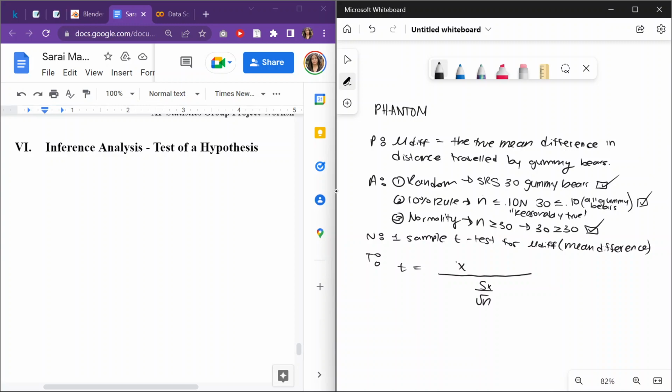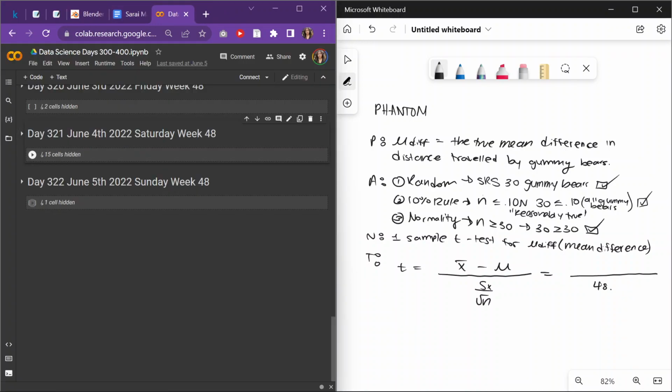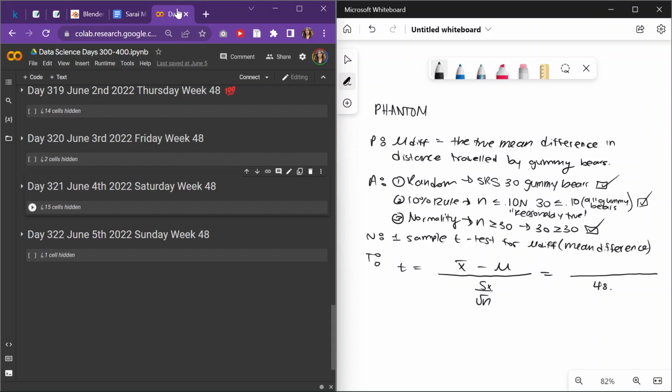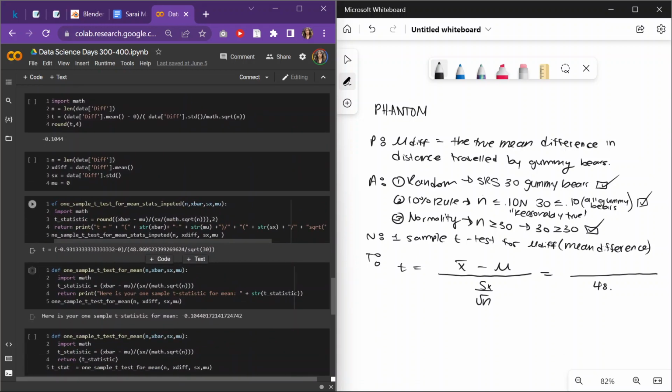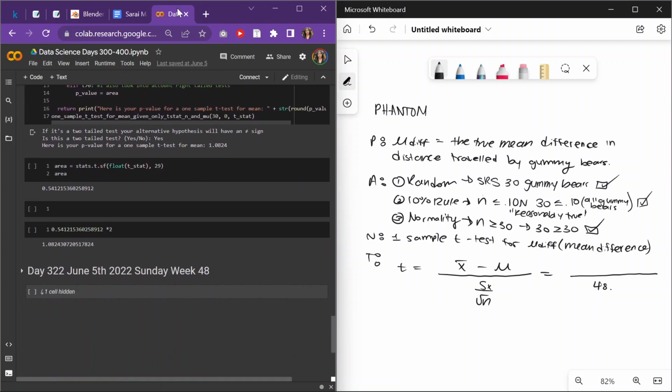I know that this is 48 something. We get that from our data here. If I go back to day 321, I'm trying to look for the standard deviation.